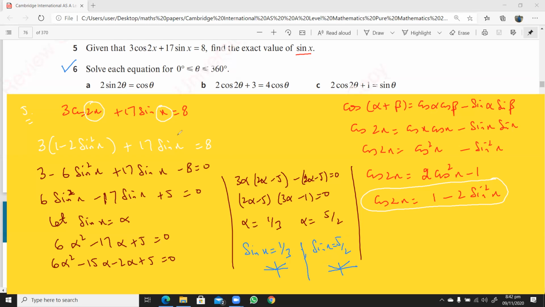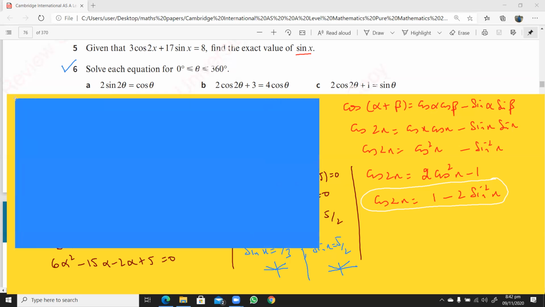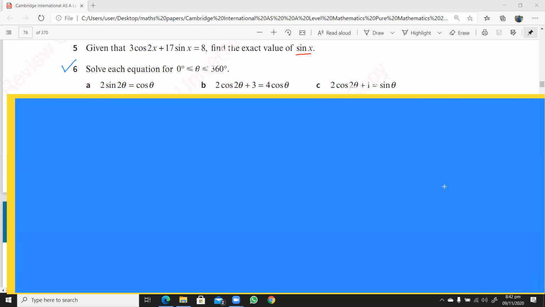Okay, so this way, if you look at the sixth question, you will have to change this sine 2 theta. What is the sine 2 theta? Yes, you must learn all these identities by heart.